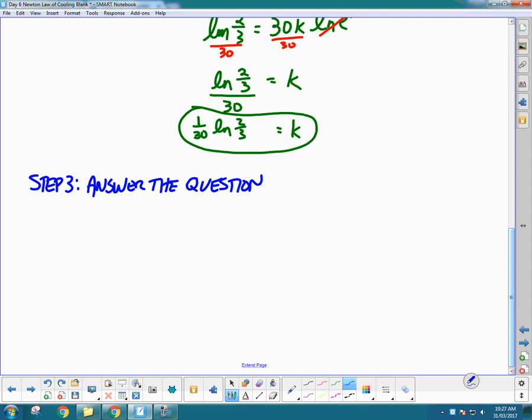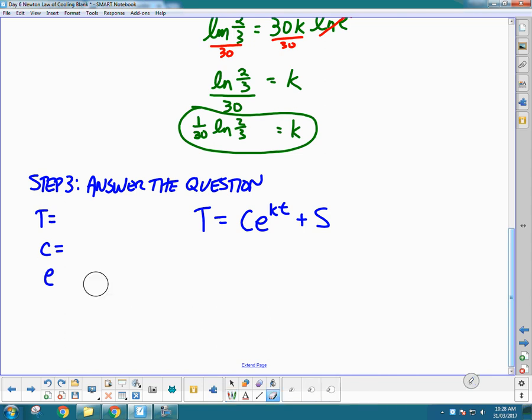Use the same formula. T equals c e to the kt plus s. Put all my knowns over here and unknowns. Oh, not e. We don't need the e. We know what e is. k, t, and s.